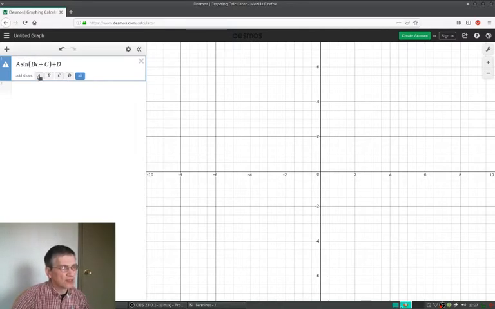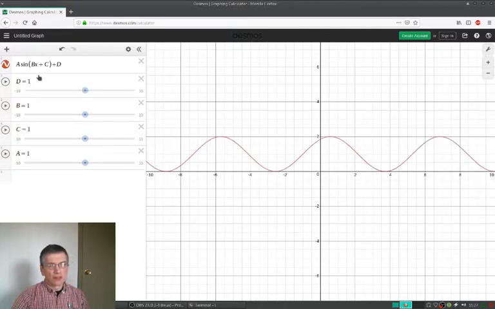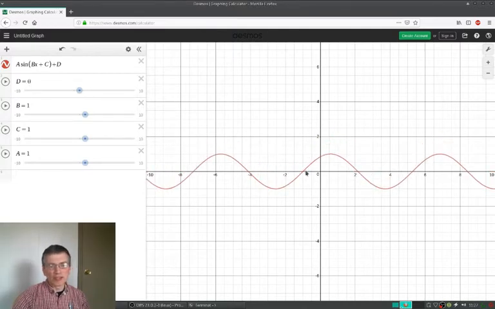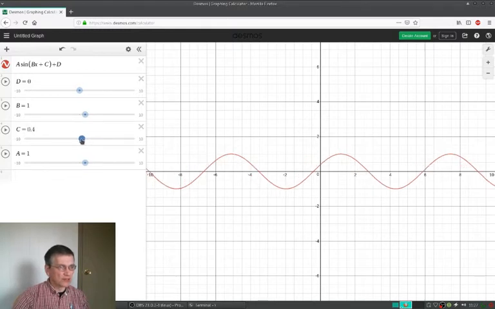We'll add sliders for all these things. Alright, I'm going to put d down to 0. And this is nice because it dynamically shows you what's happening here. I'm going to put c at 0 too.